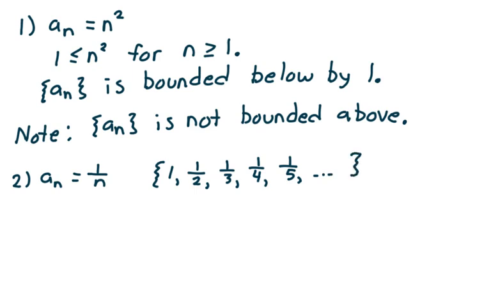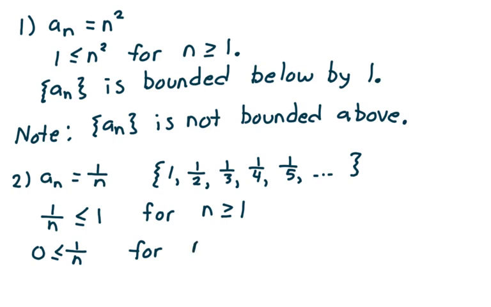So notice, if I take 1 over n, this is less than or equal to 1 for n greater than or equal to 1. Also, 1 over n is greater than or equal to 0. We'll use 0 for n greater than or equal to 1 as well.